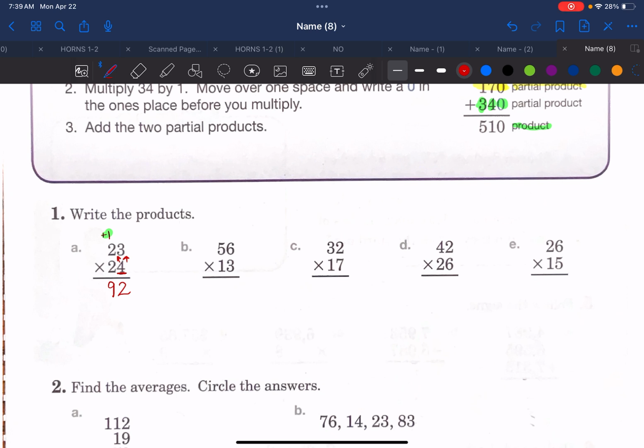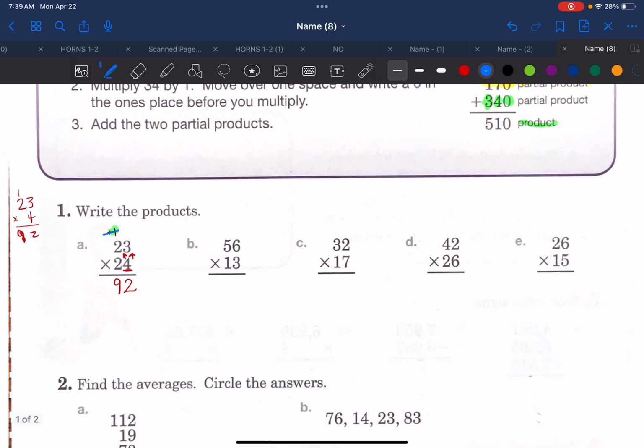Okay, if I wanted to double check it, I could say 23 times 4. We've done this before, and it should be 92. So 12, 4, 8, 9, 92. Now I'm going to cross out this. I'm done with my 4, so I put my 0, because now I'm doing 20 times 23.